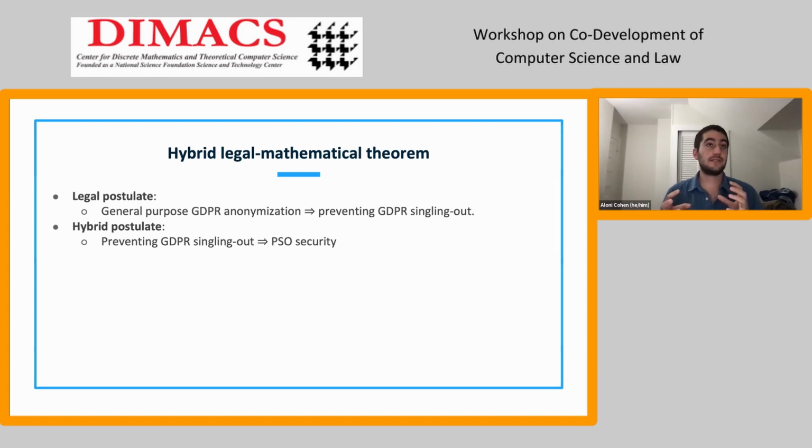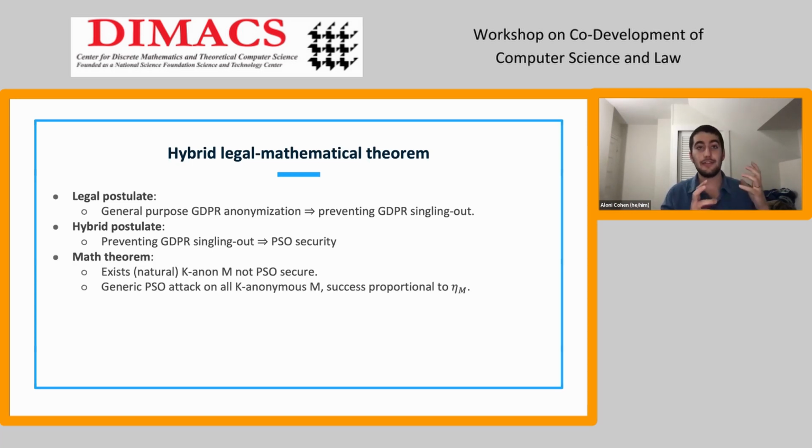And then we developed a hybrid postulate by formalizing this notion of PSO security and arguing, based on our analysis, which is not here, but you can read about in our forthcoming law review article, that preventing GDPR singling out requires preventing predicate singling out attacks. It requires PSO security.